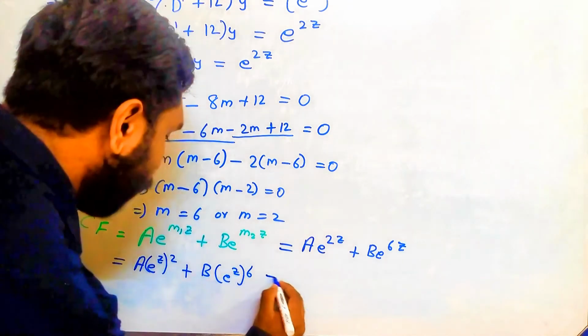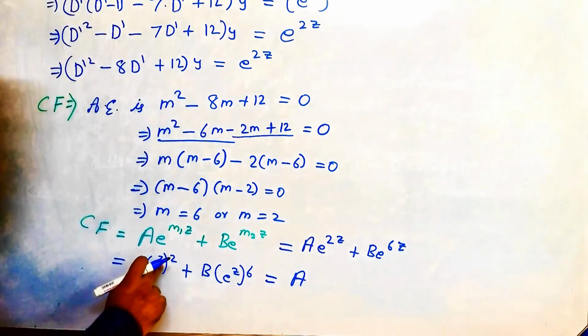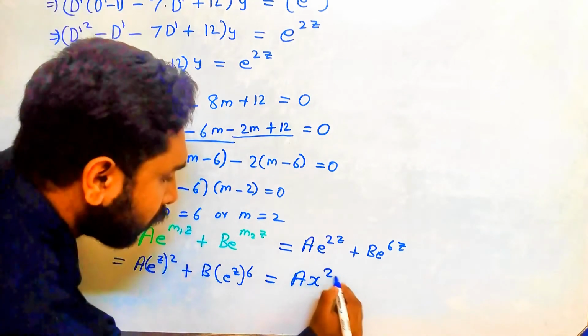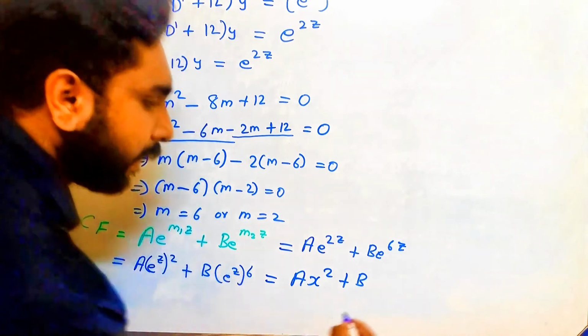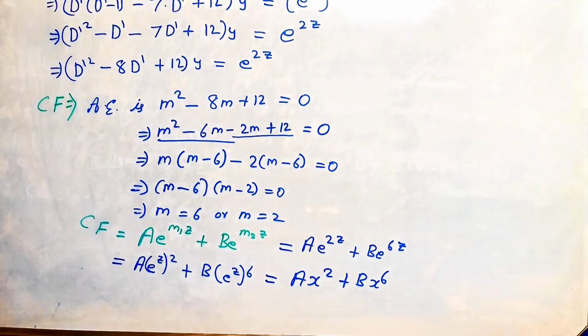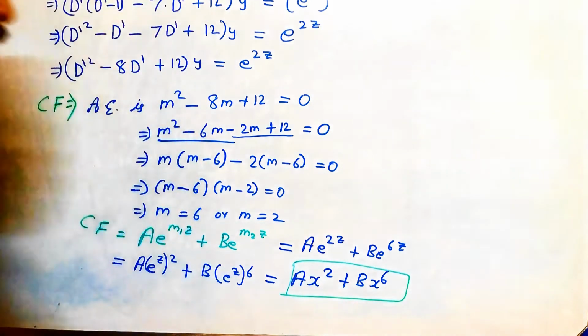So replacing the value, what we get is a x square plus b x power 6. So this is the complementary function by using the Euler's type.